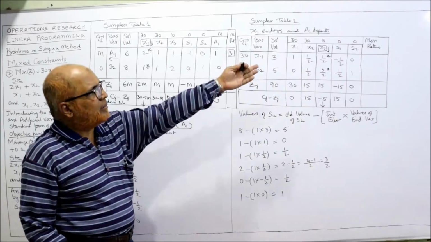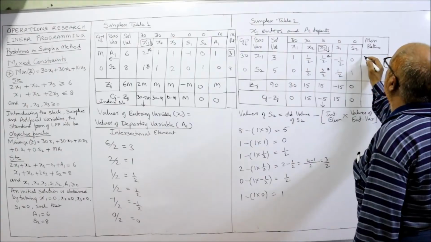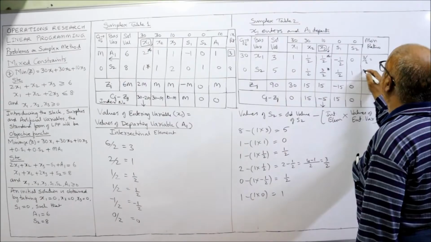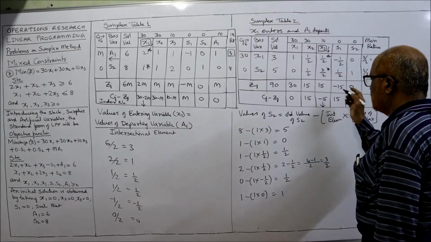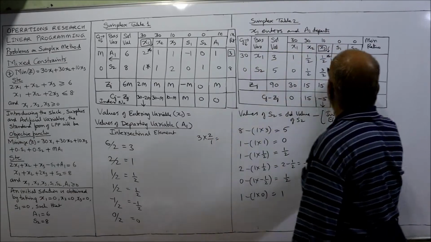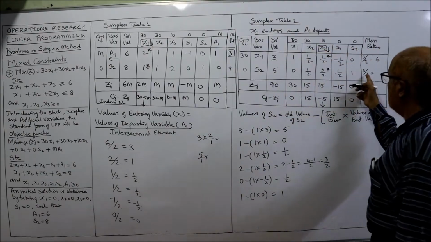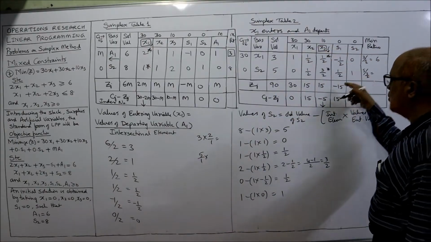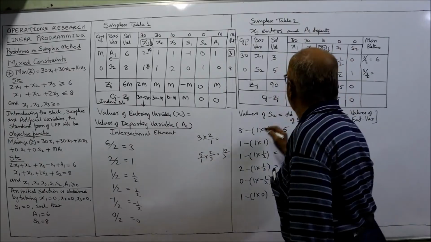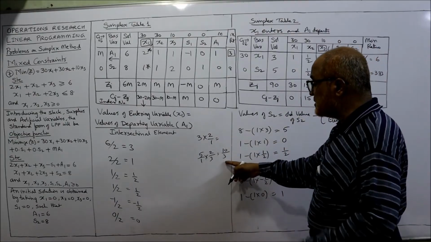Now which is the departing variable? It depends on the minimum ratio. The minimum ratio is 3 divided by half, and 5 divided by 3/2. So 3 divided by half, 3 into 2 by 1, is equal to 6. 5 divided by 3/2, if you multiply by 2/3, 5 2s are 10/3, which is 3.33.